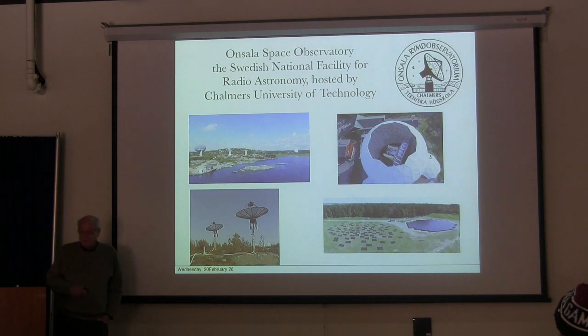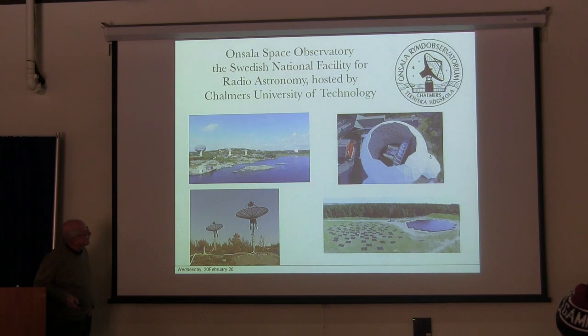Since Susanna was showing beautiful pictures of telescopes yesterday, I wanted to show some of mine. These are actually the telescopes that sit where I live and have worked for a couple of decades, on the west coast of Sweden, very much on the coast. The antennas are within sight of the water.